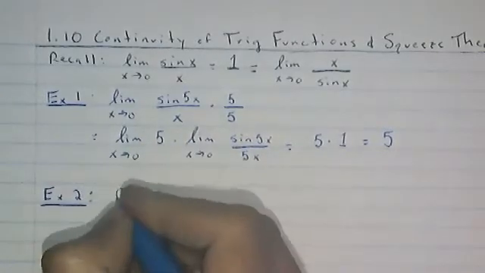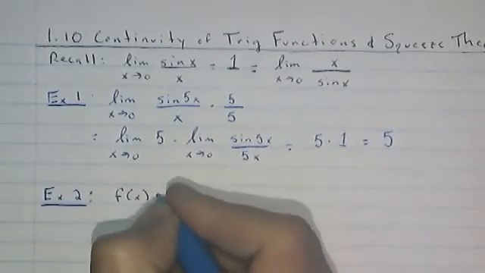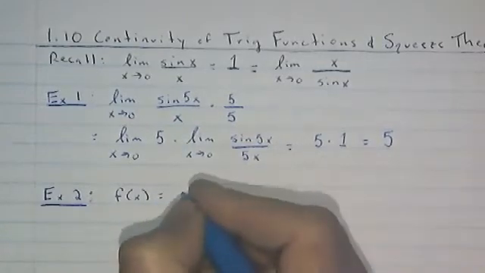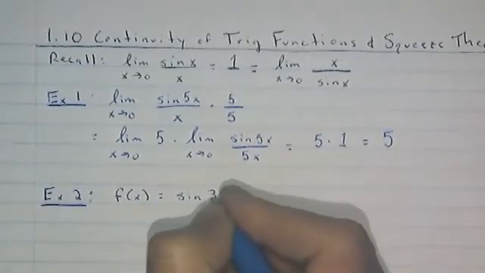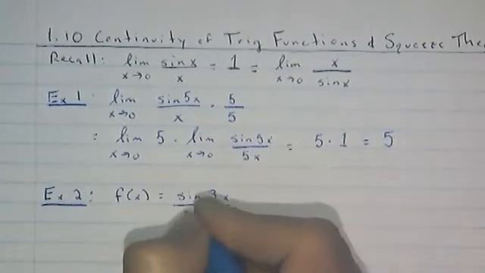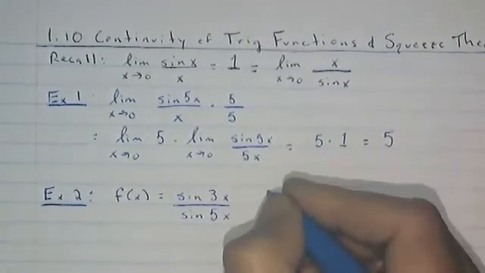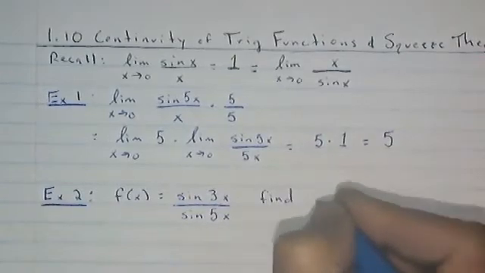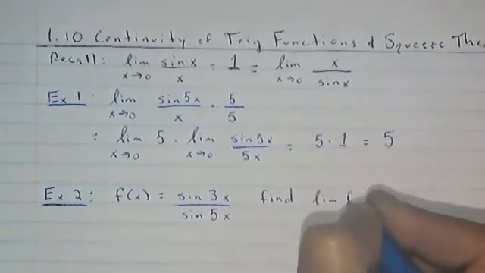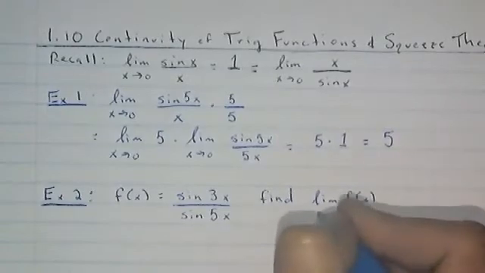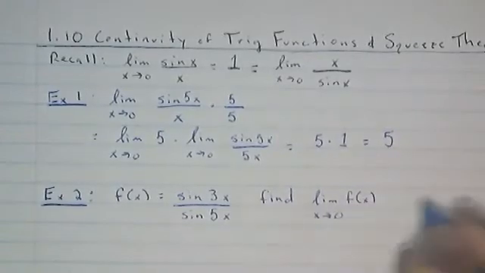If we have f of x equal to the sine of 3x divided by the sine of 5x, and are tasked with finding the limit of f of x as x approaches 0.